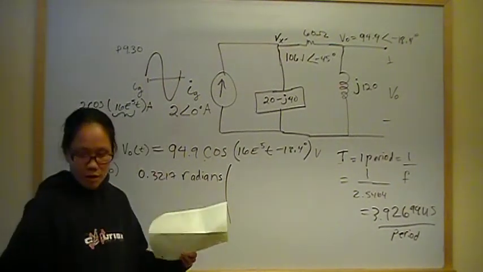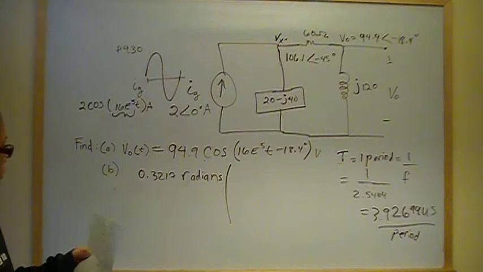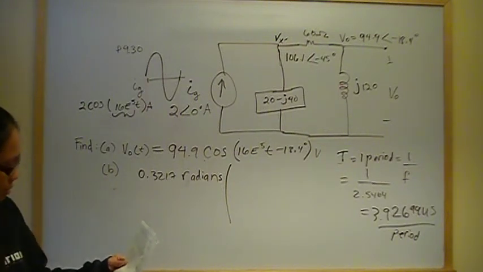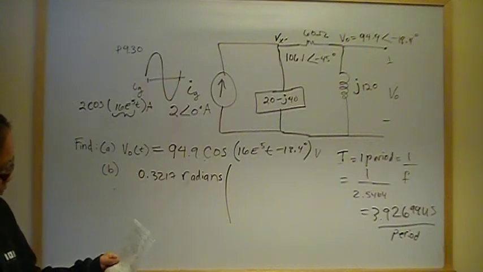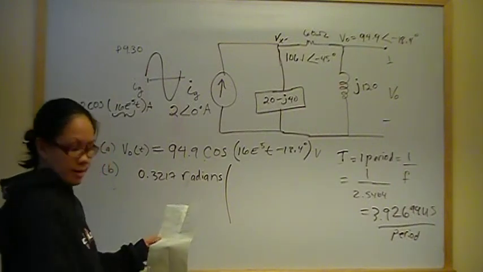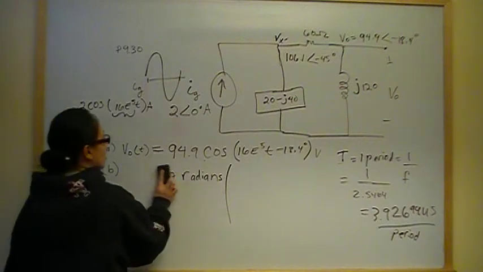Sorry, since I don't have a calculator, I can't verify. Okay, so then I want to do radians in one period, so that should give me 2.54. Okay, so we have to go to periods. Let's back up.